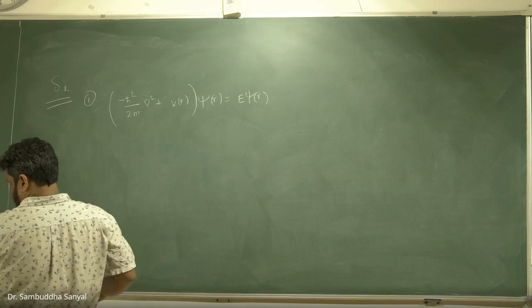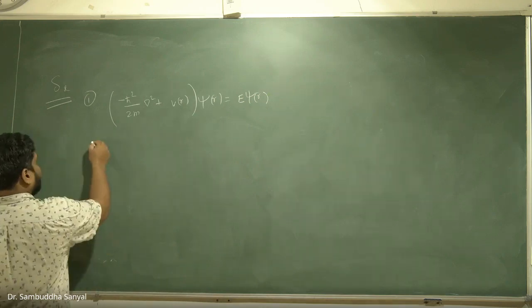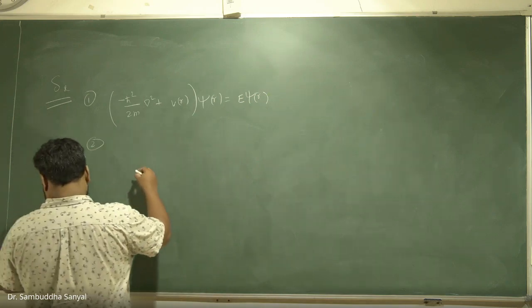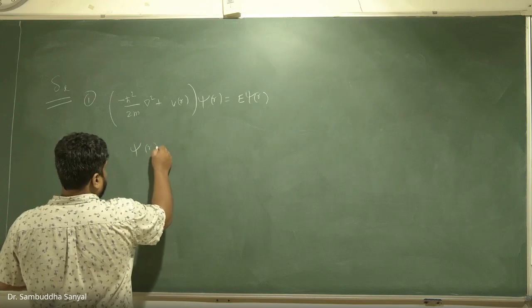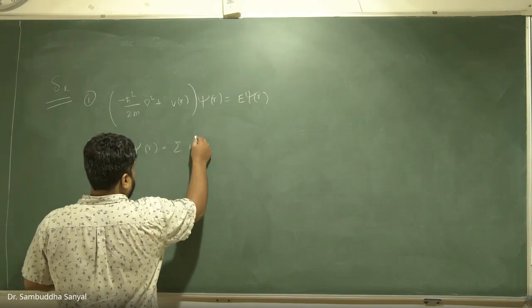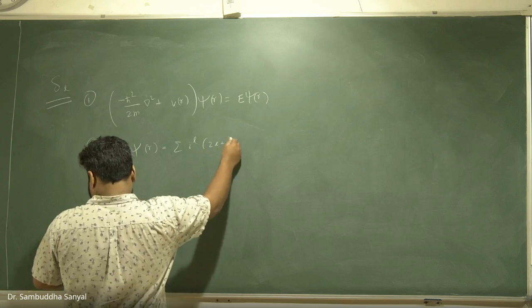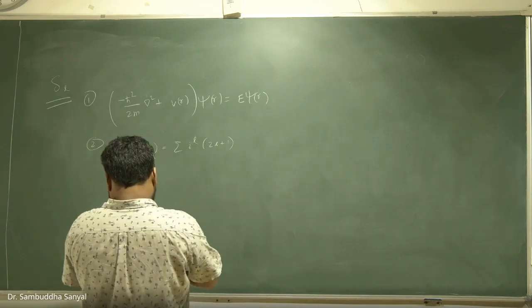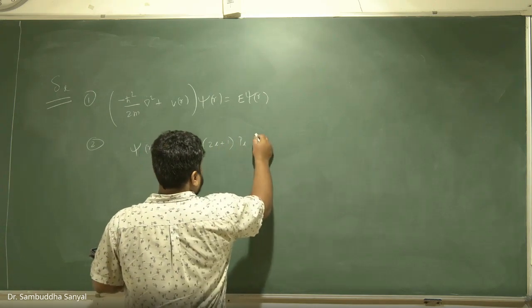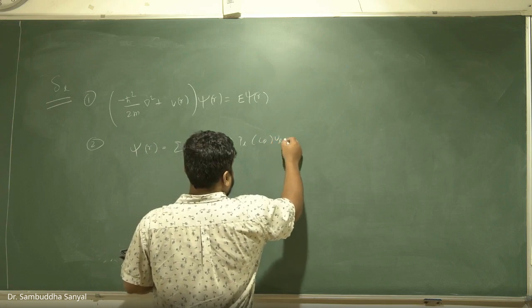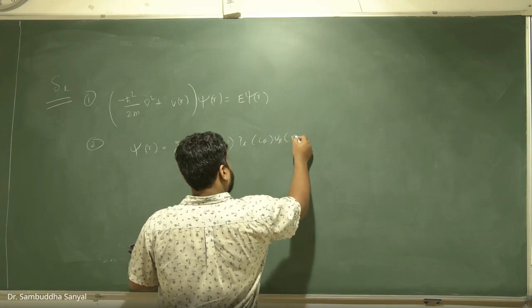So you start by solving this, and you want a trial solution of this form: psi of r, theta equals the sum over L of P_L cos theta times U_L(kr) by r.